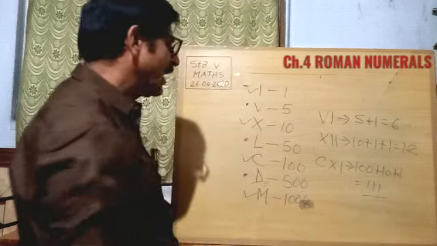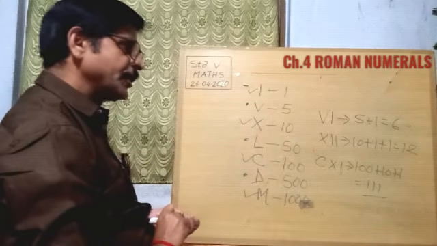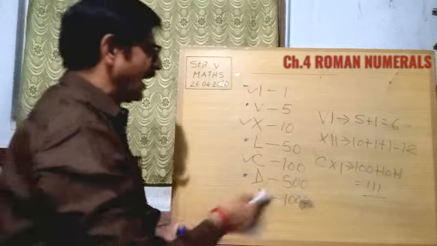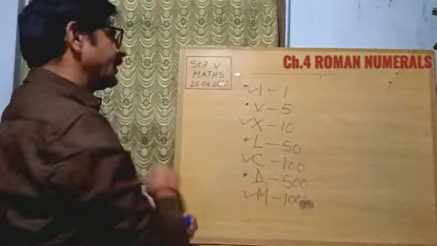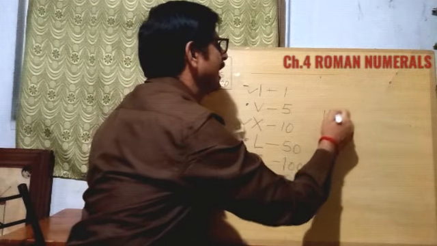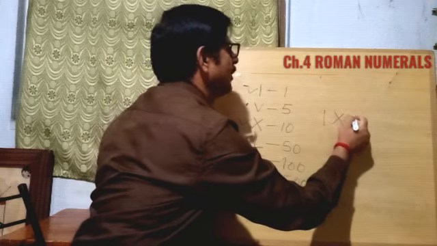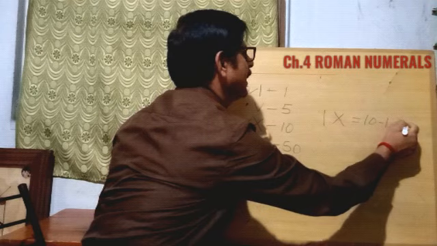Okay? And if a smaller numeral is placed to the left side of a larger numeral, then the value decreases. That is, its value is subtracted from the value of the larger numeral. IX is 10 minus 1, that is 9.